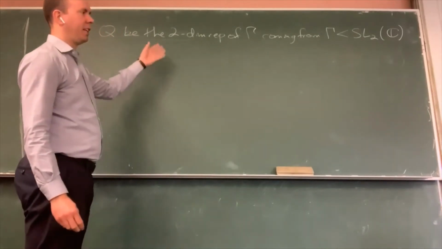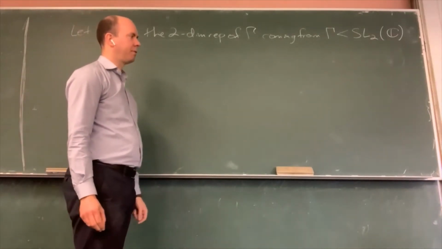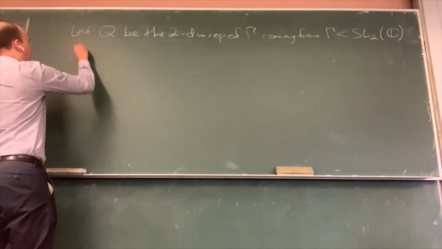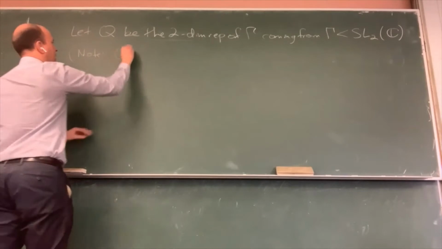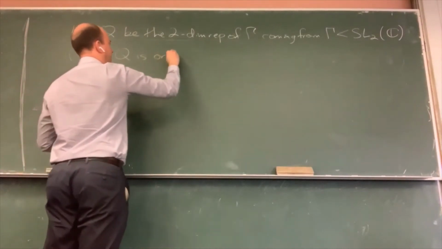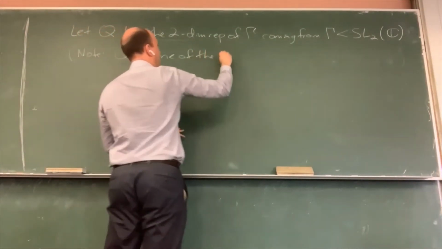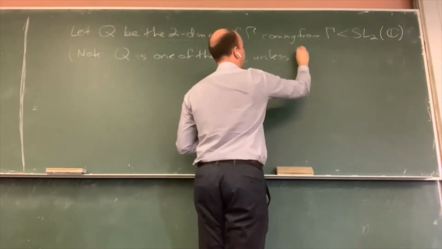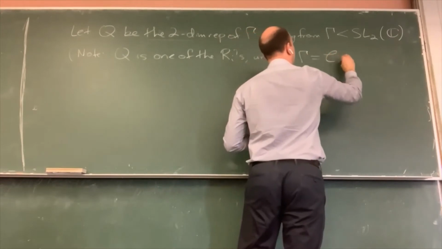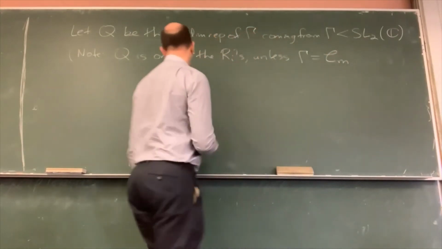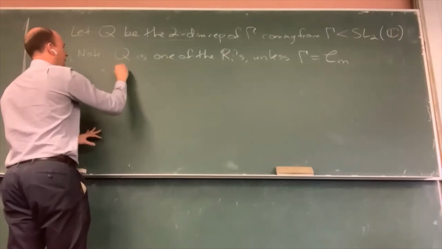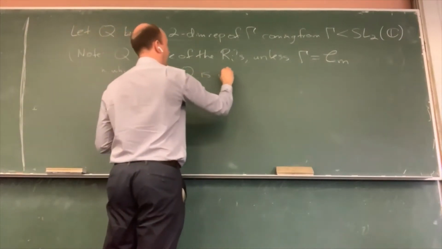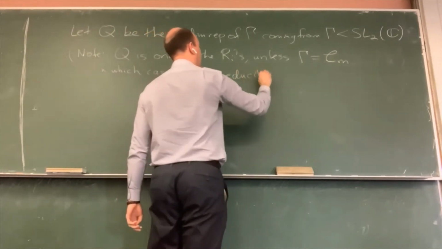In fact, for most of the types of finite subgroups that I wrote down, Q will be one of the irreducible representations, but not in the cyclic case. So Q is actually one of the Ri's unless gamma is cyclic, in which case Q is reducible.